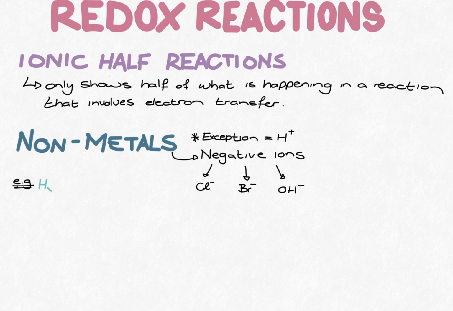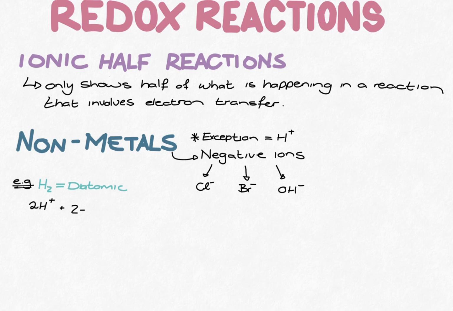Now remember, hydrogen is diatomic, meaning that it will always be bonded to itself if it's not bonded to another atom. Now in this ionic half equation, we would need two positively charged hydrogen ions.